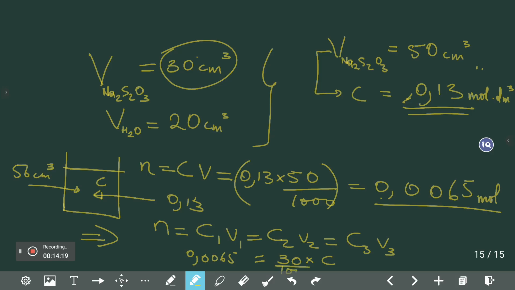It is 0,21, like I said, 0,21 mole per decimeter cubed. Are we all together? Yes. Okay.